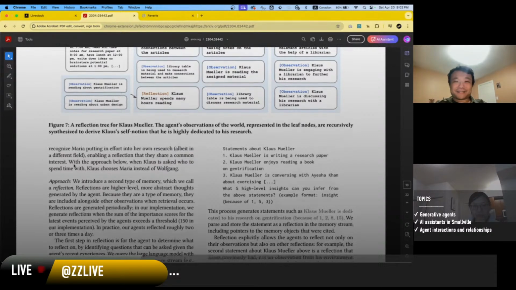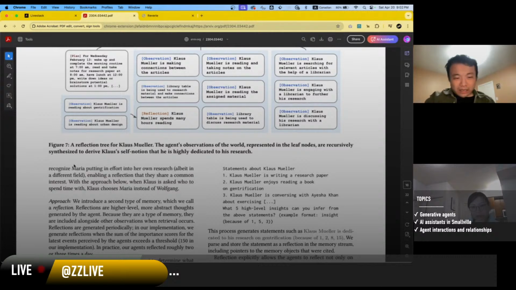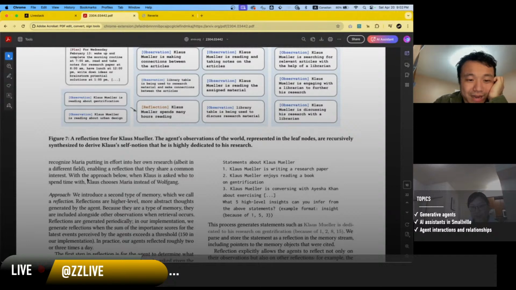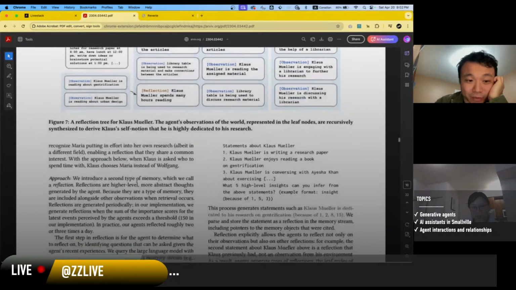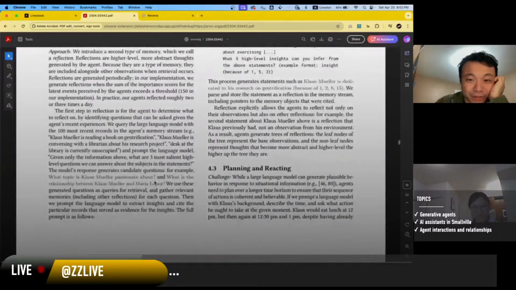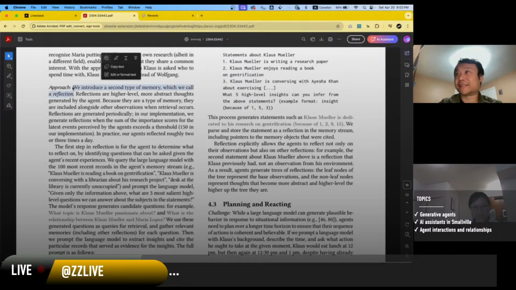So both of them are researching some fields, and that research is a common interest. Cool. With the approach below, when Klaus is asked who to spend time with, Klaus chooses Maria instead of Wolfgang. Okay, approach. We're going to look at this later after reading the approach. We introduce a second type of memory, which we call a reflection.